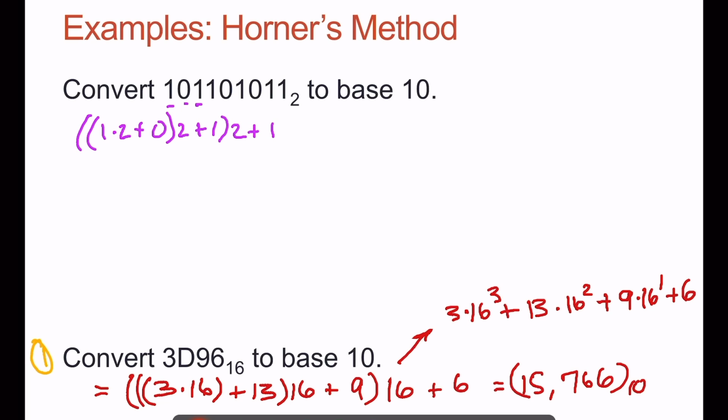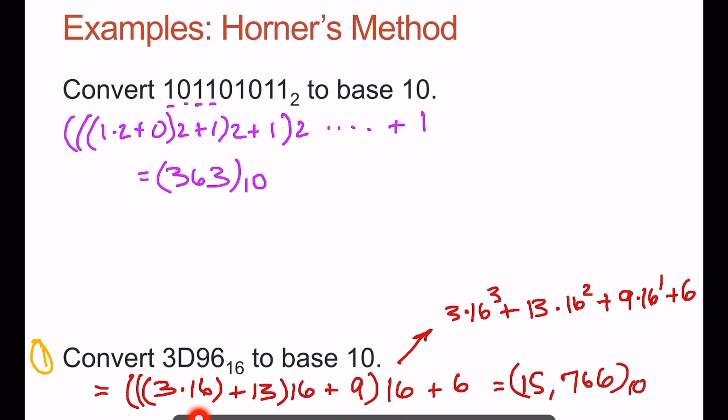But add the next digit, multiply by 2, etc., till you add the last one. And again, you will come up with the number 363 base 10. And if you go home and write this all out, you'll see that this most significant digit, this 1, is multiplied by 2 8 times.